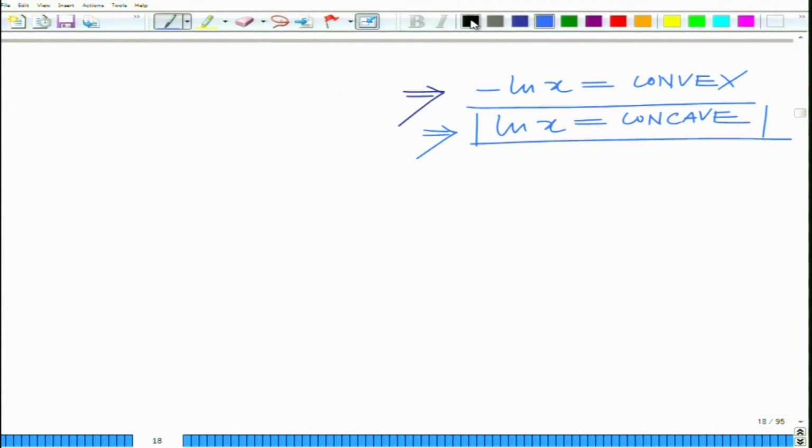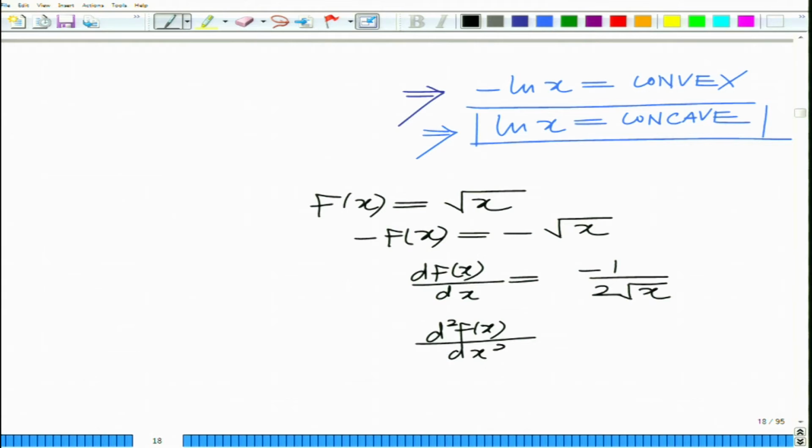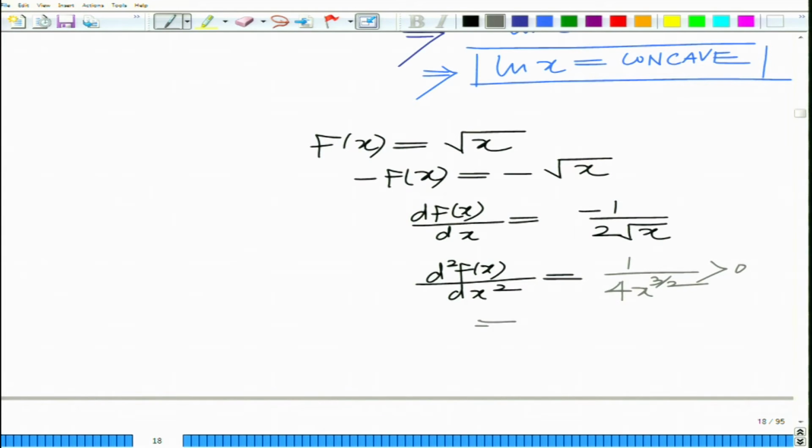Okay. Again square root of x, f of x equals square root of x, minus f of x equals minus square root of x. df(x)/dx, well, this is minus 1 over twice square root of x, and d square f(x)/dx square is equal to 1 over 4 x to the power of 3 by 2, which is greater than 0, implies, well, minus square root of x is convex, implies square root of x is concave.